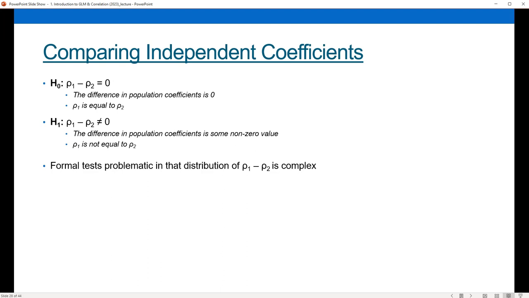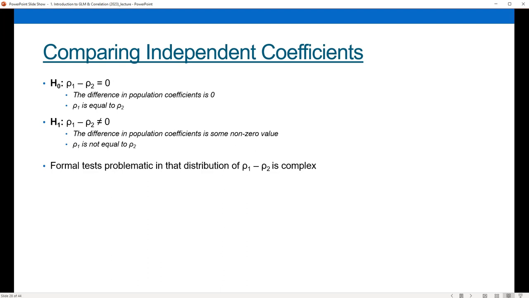Does the relation between x and y differ based on if we're looking at this group versus that group versus some other group, right? Which is functionally a question of moderation. So this is one way to take a look at this, but don't ever try and run moderation this way. There are better ways to do it. But again, think about this as an independent sample t-test with correlations, right? Does this group's value differ from that group's value? Okay, that's essentially what we're doing, all right?